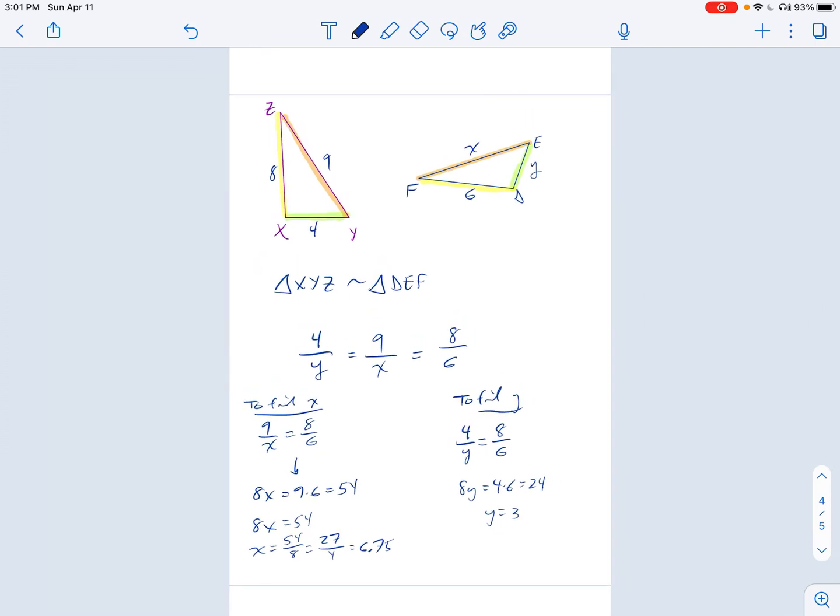So this is just a little taste of what we can do with similarity. Once we know similarity, we know what kinds of things are the same. The angle measures are literally the same. And the sides are not the same, but the ratios between the sides are the same. So hopefully we have enough information where once we write out all of the fractions that are equal, somehow we have a relationship that we can solve for.